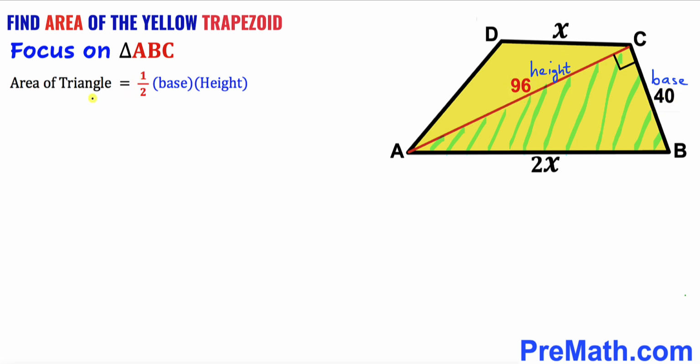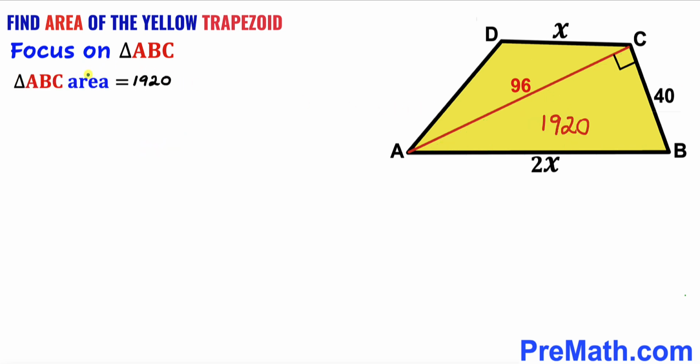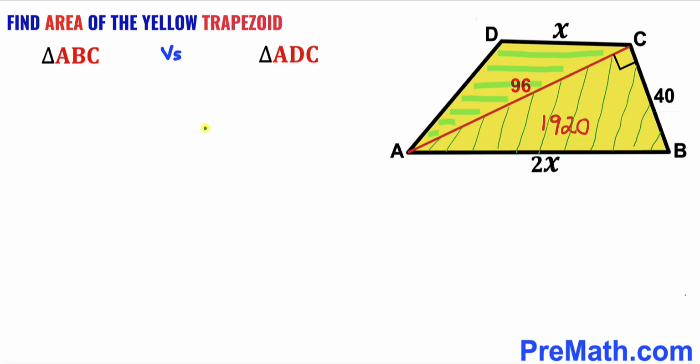So therefore, the area of this triangle ABC is going to be equal to a half times 40 times 96. And if we simplify the right hand side, that is going to give us 1920. So therefore, the ABC triangle area turns out to be 1920 square units.